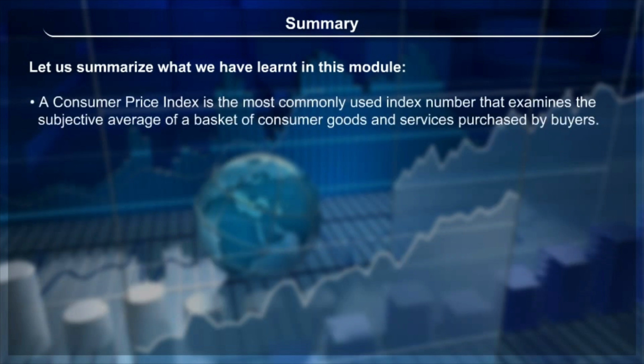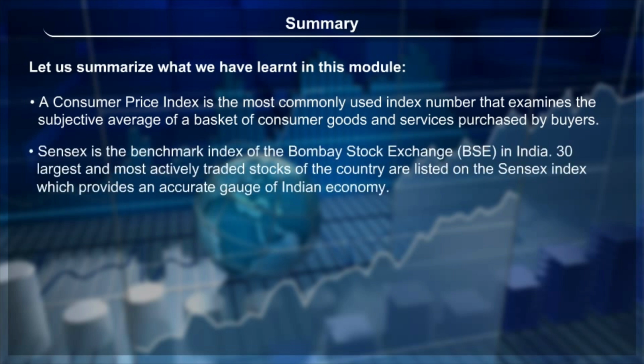A Consumer Price Index is the most commonly used index number that examines the subjective average of a basket of consumer goods and services purchased by buyers. Sensex is the benchmark index of the Bombay Stock Exchange (BSE) in India. The 30 largest and most actively traded stocks of the country are listed on the Sensex Index, which provides an accurate gauge of the Indian economy.